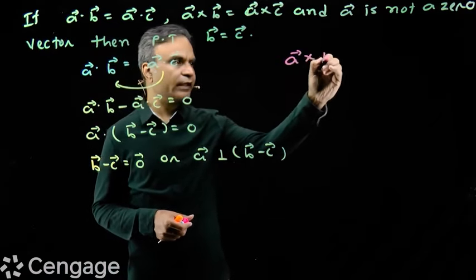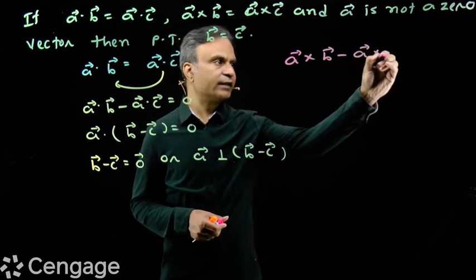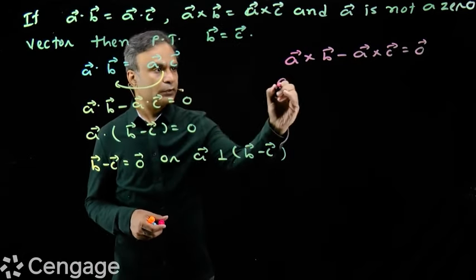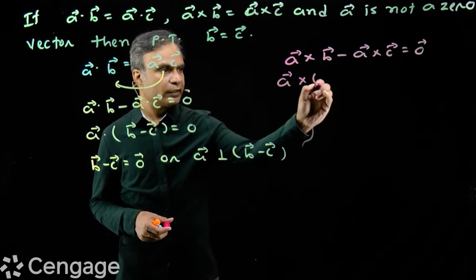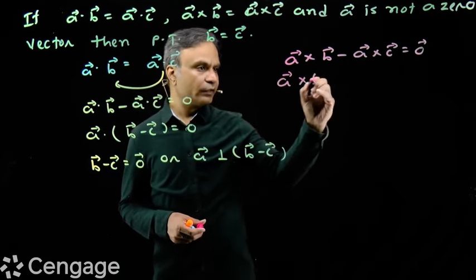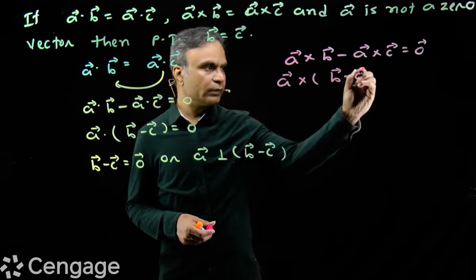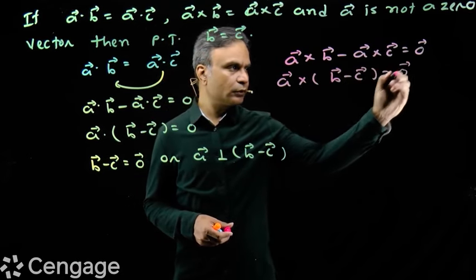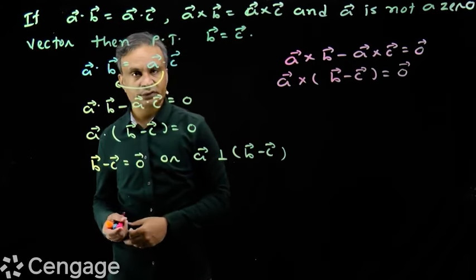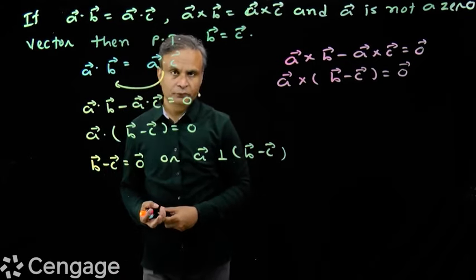वी हैव A क्रॉस B माइनस A क्रॉस C इज इक्वल टू ज़ीरो वेक्टर. ओके, we take vector A common. I am using the distributive property of cross product. So we have A cross (B minus C) is equal to null vector. Okay, तो यहाँ से क्या क्या possibilities होगी?